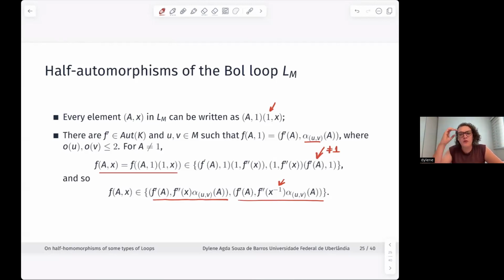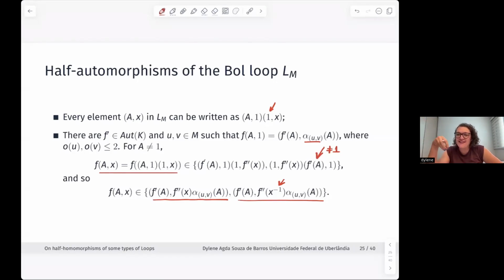Just a comment to make here. When we were working on that project, it was very difficult. We struggled to find an easy notation, a good notation.